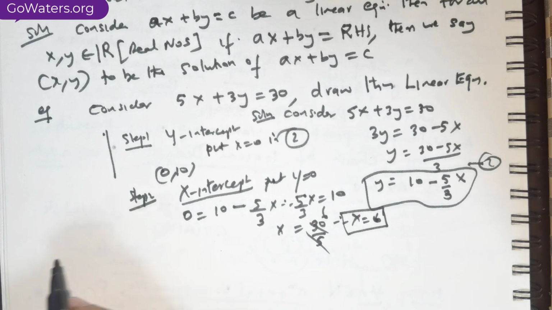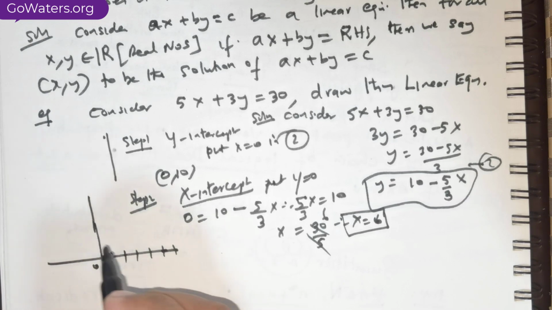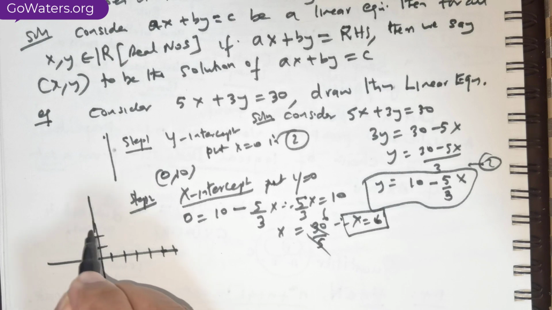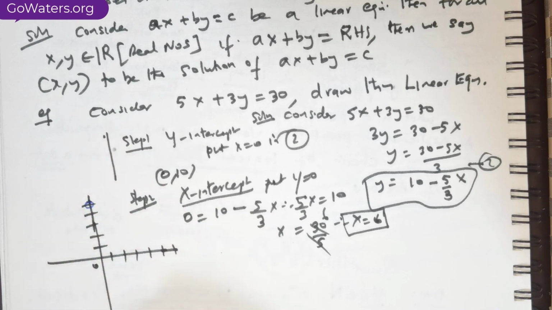Right? So how are you going to plot? This is 0, 1, 2, 3, 4, 5, 6. So you get a point there. And then 10, I'm taking it as 2, 4, 6, 8, 10. So there is an intersection here, and 1, 2, 3, 4, 5, 6, there is an intersection here.